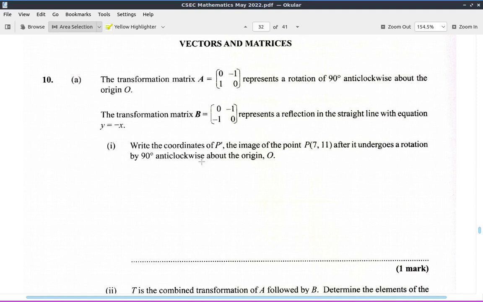You know that the later questions, things like vectors and matrices, transformation, the circle theorem, completing the square of quadratic equations and so on, give people the most problem. Alright? The hardest questions come under those.